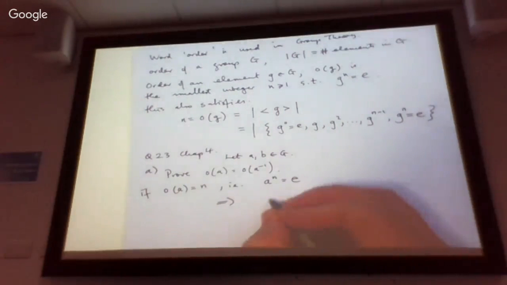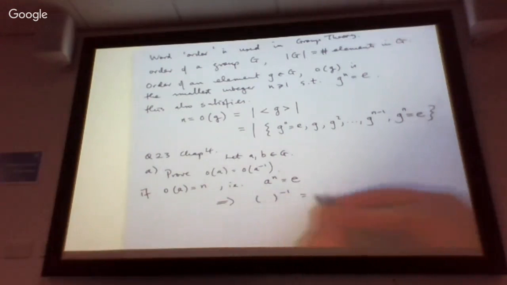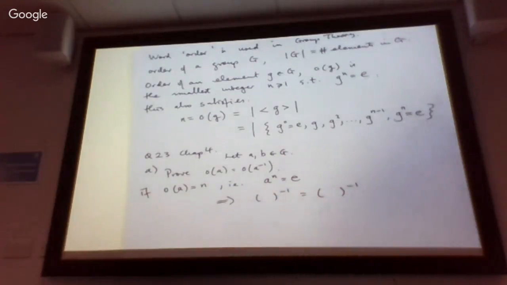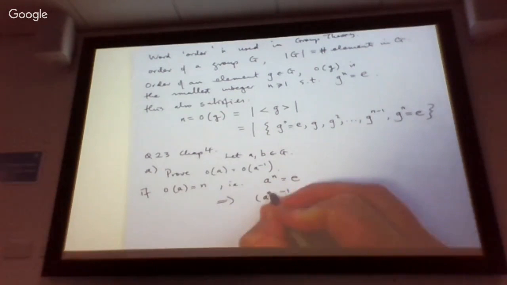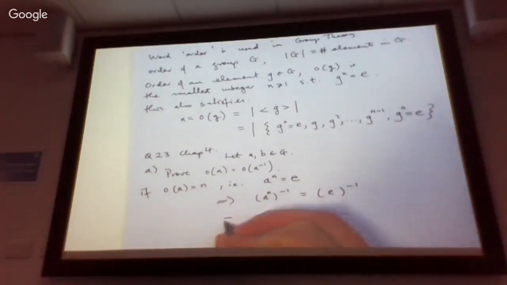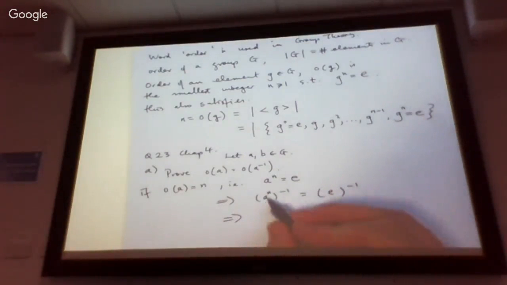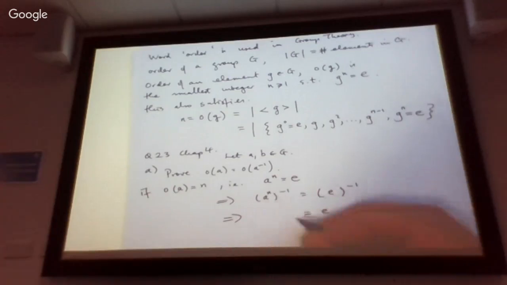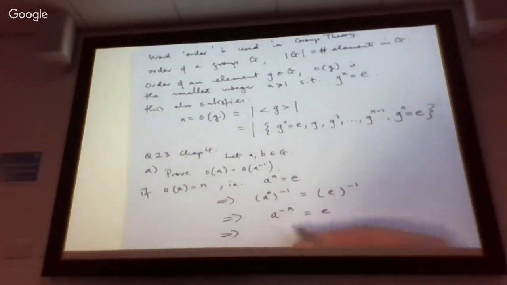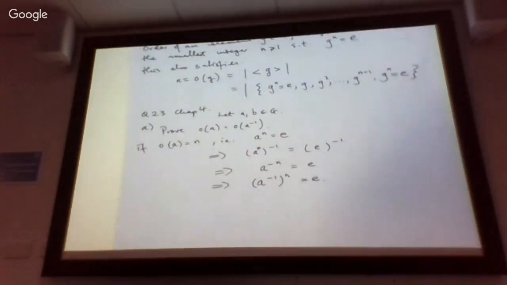So if you have these two elements equal to each other, then their inverses must be. Yeah. And here you've got a to the n, here you've got the identity, and of course the inverse of the identity is just the identity. The inverse of a to the n we write as a to the power minus n, and we understand that that is equal to the inverse element raised to the power n. So that's equal to the identity.